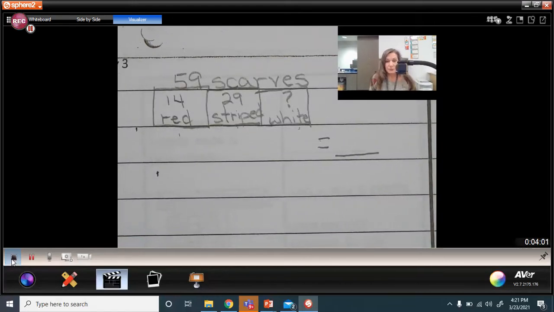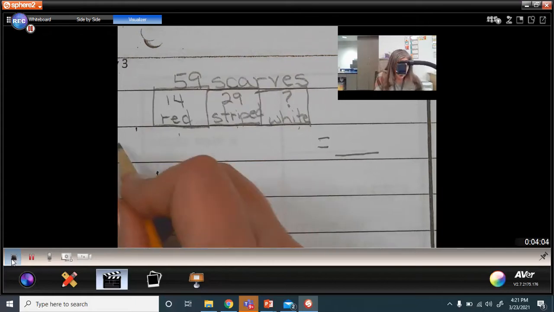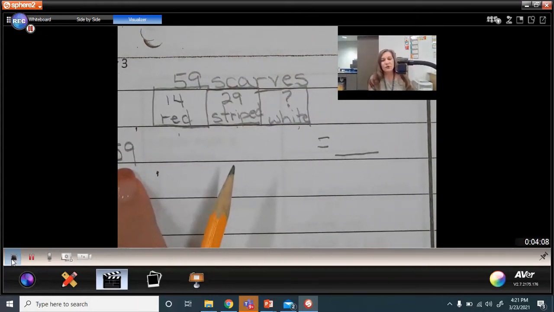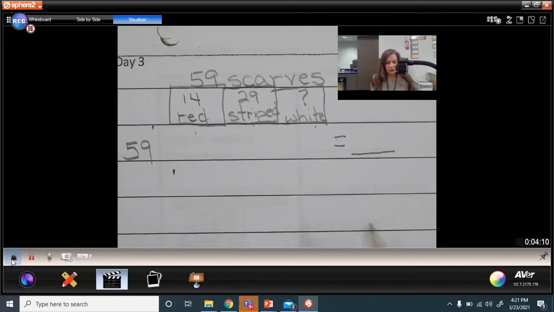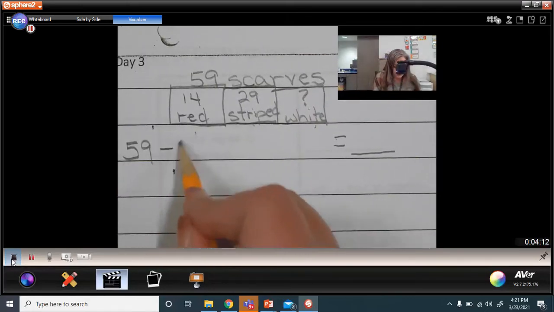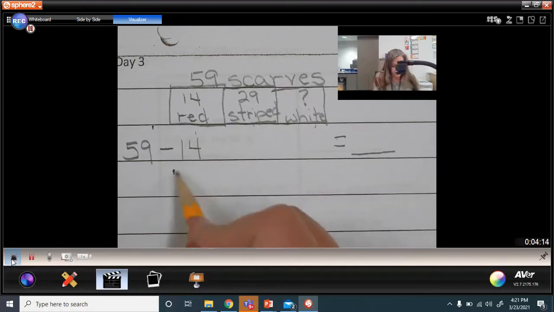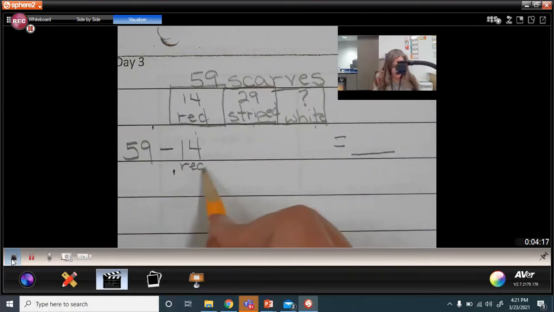So I'm going to set up my subtraction equation. I'm going to start with the total, which is 59. And from those 59, I'm going to subtract 14, because these are going to be the red ones.